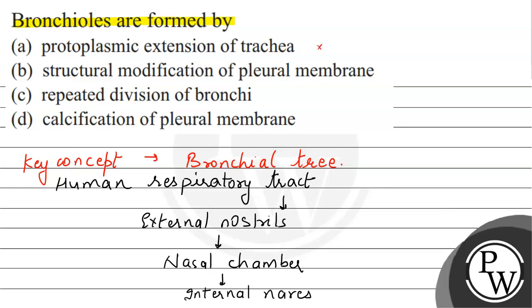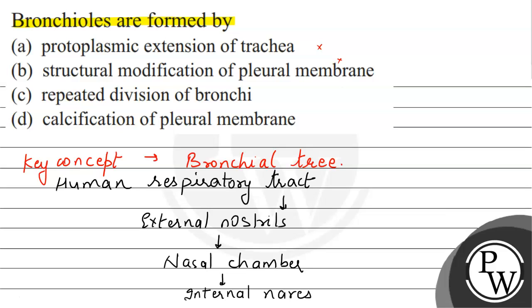The second option, B, says structural modification of pleural membrane. That is also wrong, because the pleural membrane is the covering of the lungs. The outside membrane of the lung doesn't enter inside the lungs and modify to form bronchioles. That is also wrong.